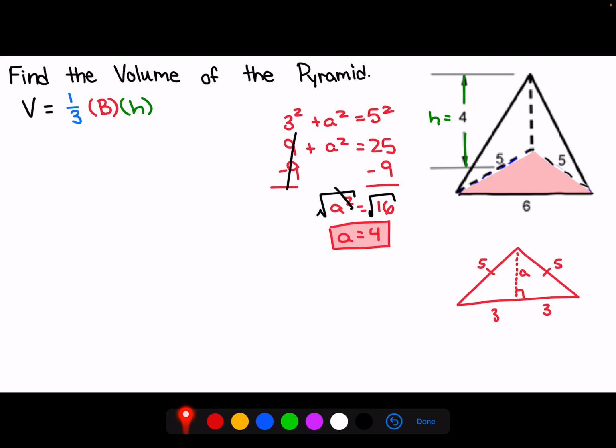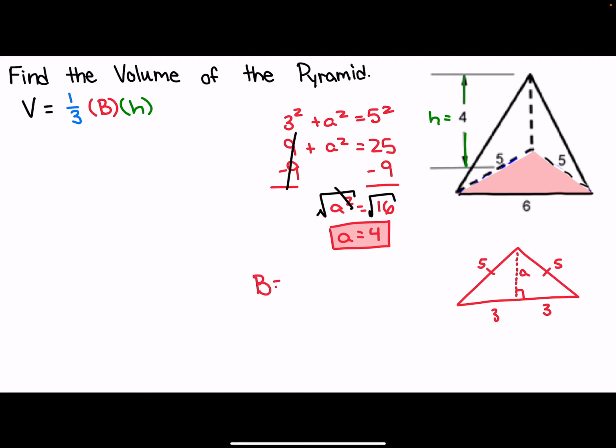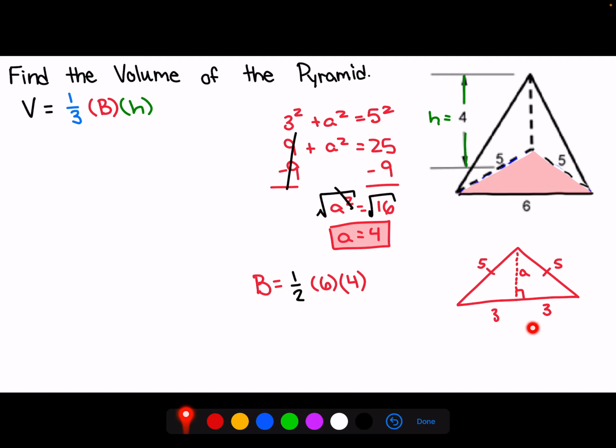Well, big B is the area of the base. And if I have a triangle, we need to use the area of a triangle. Big B is equal to 1/2 base times height in terms of my triangle here. Not of my pyramid, but of just this triangle. Now looking at this, our height and our base must always be perpendicular. So we just found the height as 4, and of course we see that it intersects at a right angle with the side length of 6.